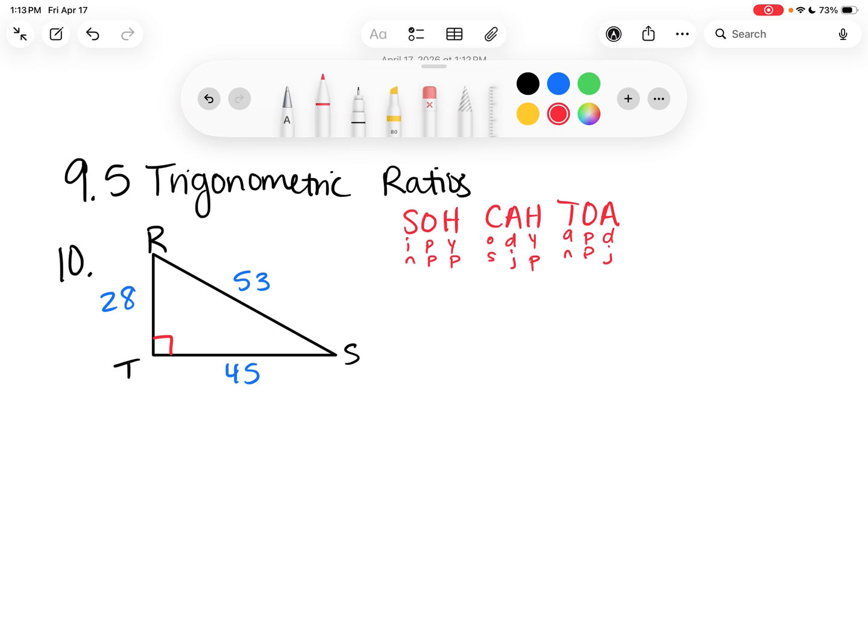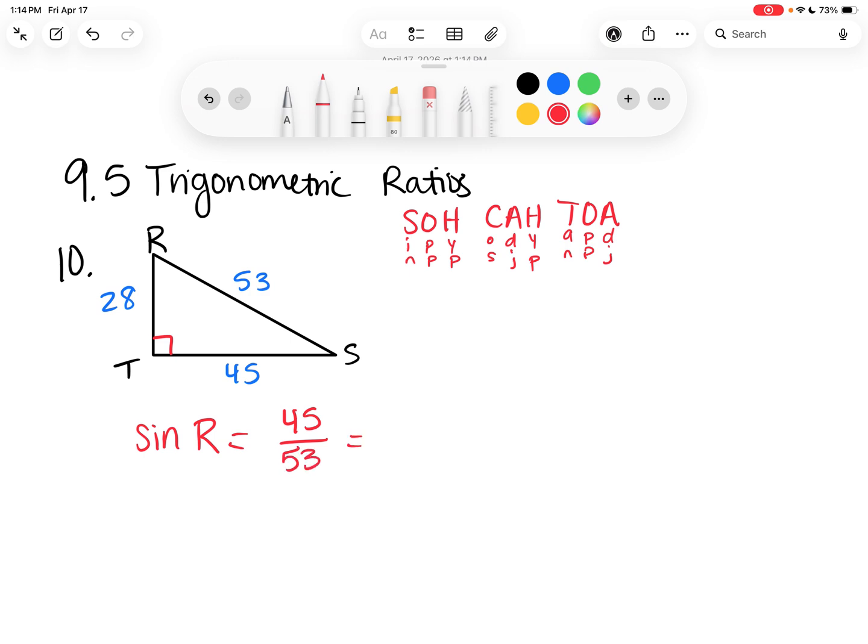Ethan looks intrigued. All right, so I'm going to start out with R. So we're going to have the sine of R. The sine of R is opposite over hypotenuse. The opposite of R is this value over here, so it's 45 over the hypotenuse, which is always the longest side, 53.